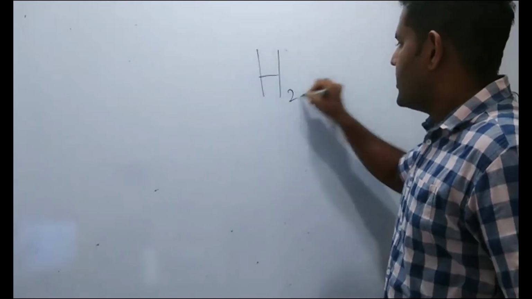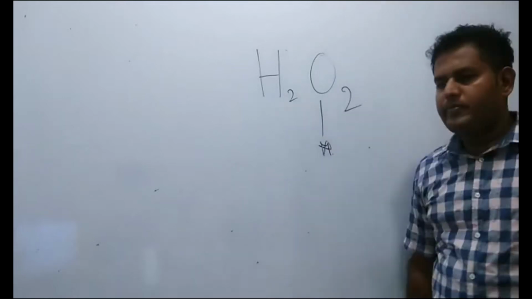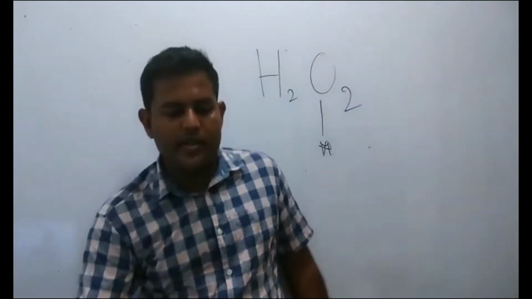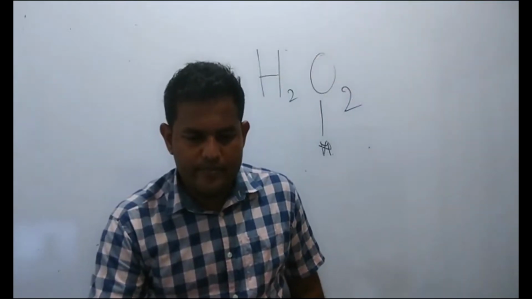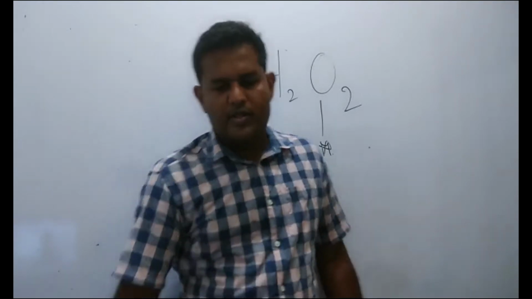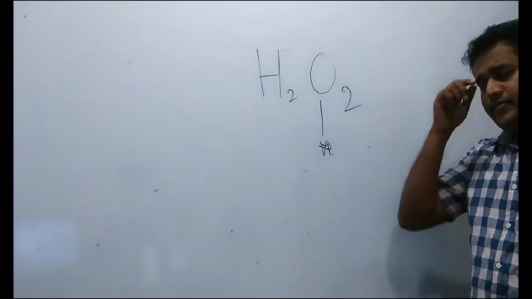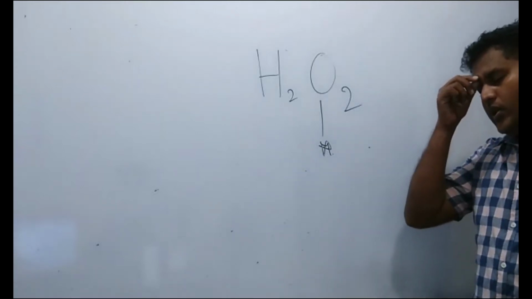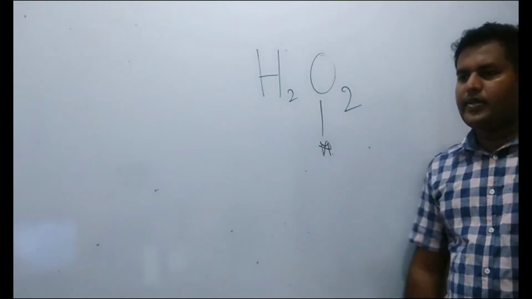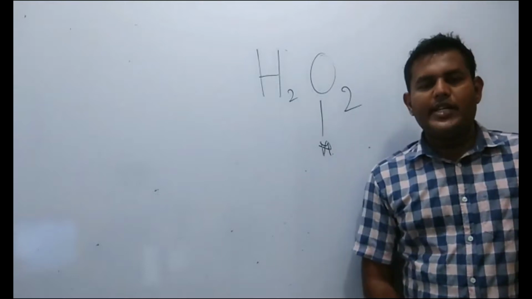So, a simple question. In H2O2, what is the oxidation number of 1 oxygen? Then receiving many more answers. If you are saying 1, you should specifically say whether it is +1 or -1, right?